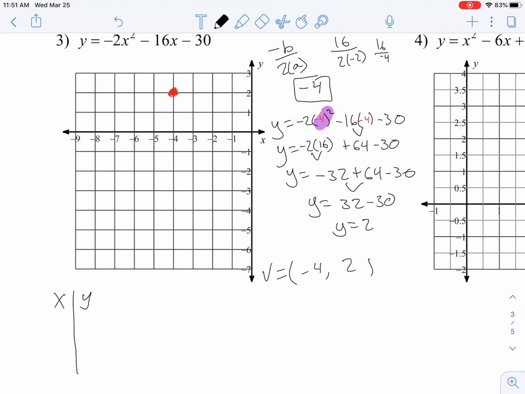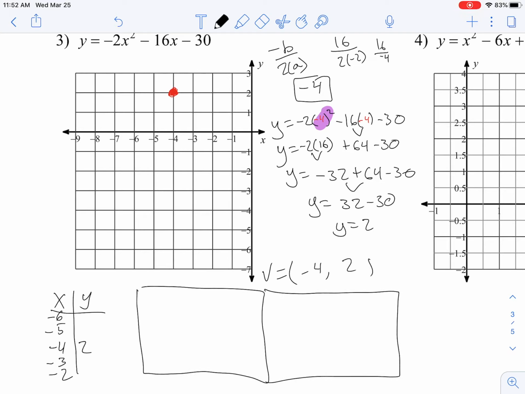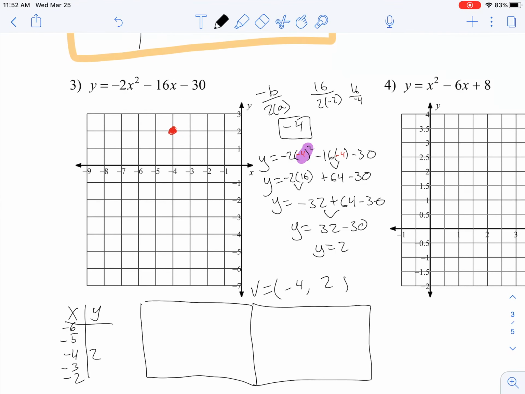Here's my XY table. I really preferred, so I'm going to use two numbers smaller, -5, -6, and two numbers larger, -3, -2. I really preferred doing my work in two separate little spaces, so I'm going to continue to do it that way. We're saying y equals -2 times a number squared minus 16 times a number minus 30.